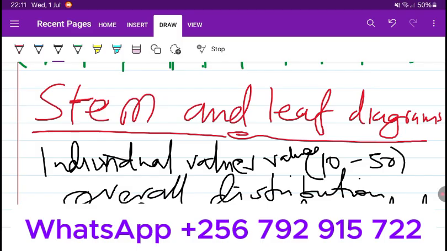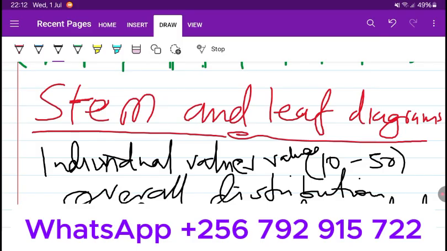One of the advantages that this stem and leaf plot has over the group frequency distribution, all these other frequency distributions that we have been having, is the fact that it retains the actual data, which I call the individual values, while showing you the graphic form of how that data can be represented.